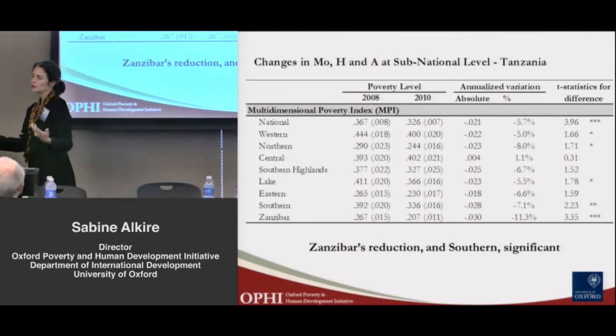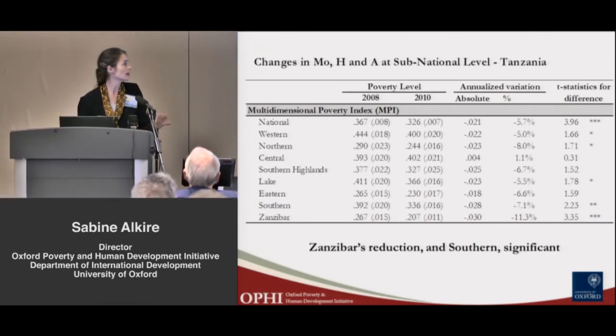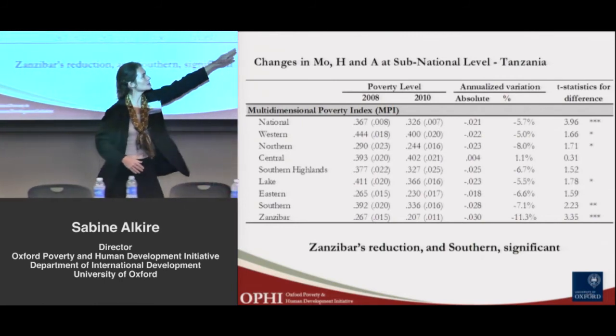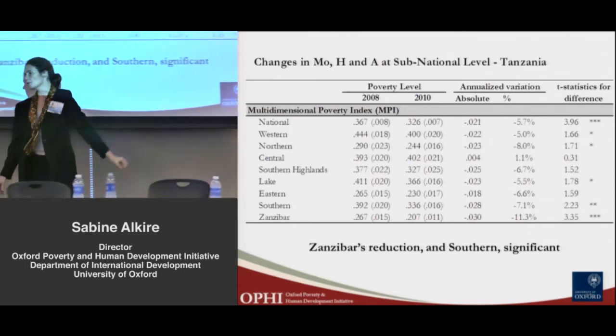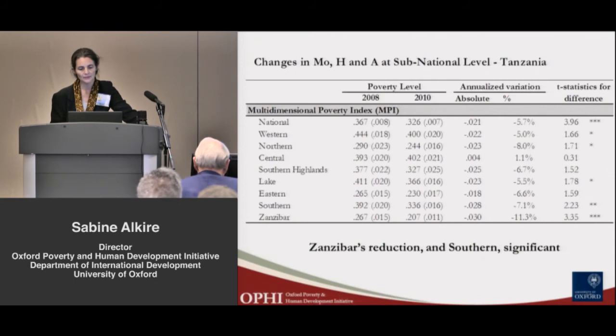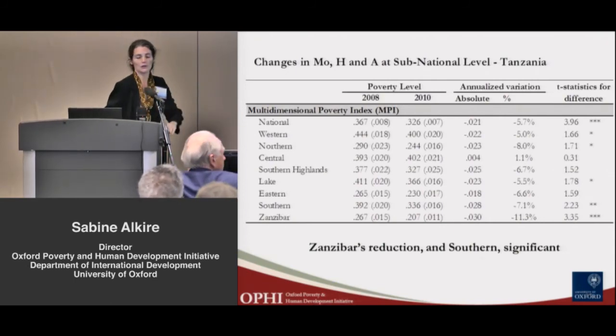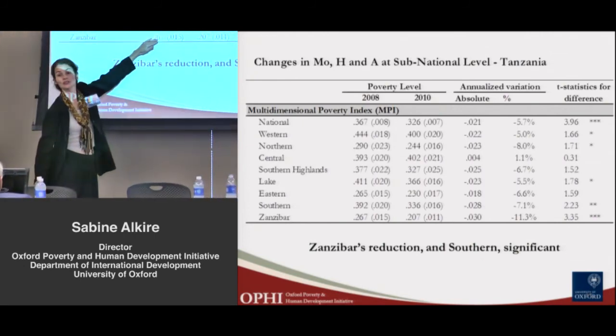I won't bore you with much, but just to show that, for example, in Tanzania, Zanzibar had very significant reductions at alpha equals 0.1 and 0.01, sorry, and that Zanzibar is not the poorest region.